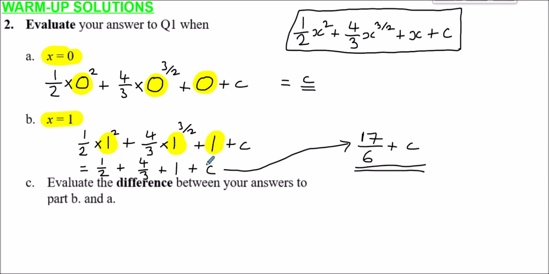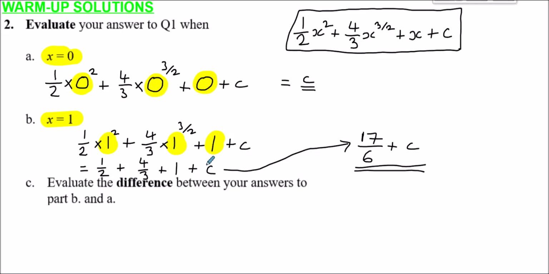Now, part C of this question is going to be a fundamental idea today. We're going to evaluate the difference between the answers to part B and part A. Now, the difference between any two things is just what we arrive at when we do one thing, take away the other, going back to pre-GCSE here.